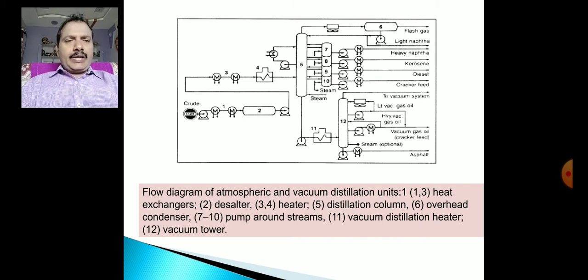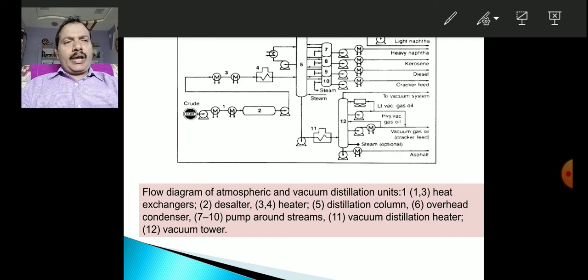The fifth one is the atmospheric distillation column, and the sixth one is the condenser. 7 to 10 are pump around streams, the 11th one is the vacuum distillation heater, and the 12th one is the vacuum tower. So this is an island natural gas refining system we have.